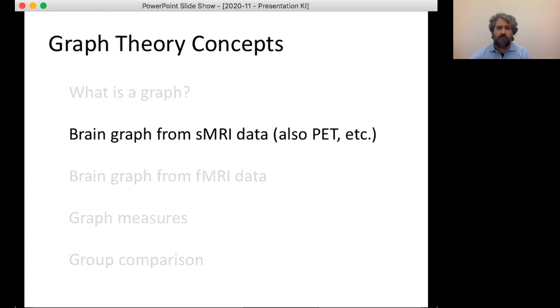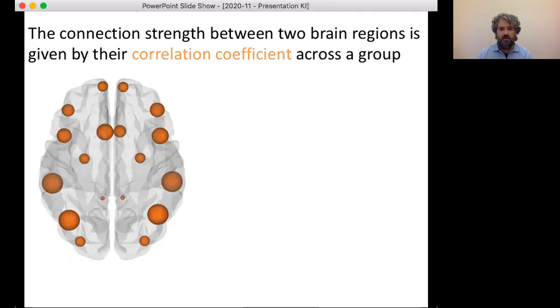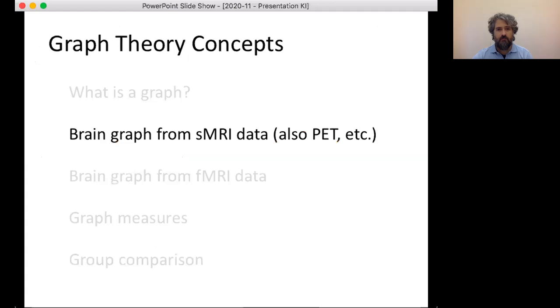So first of all, let's consider the case of structural data, like MRI data, but also other kinds of data like PET data and many others, which are characterized by the fact that we have one value per subject per brain region. So typically we will have a lot of brain regions, and this data has a single value per subject per brain region.